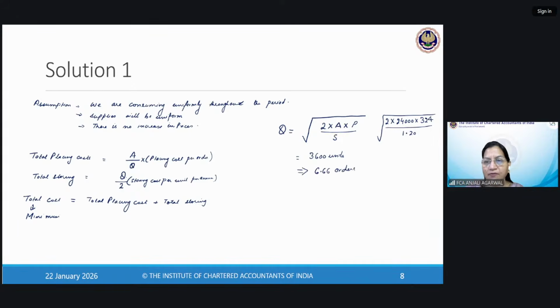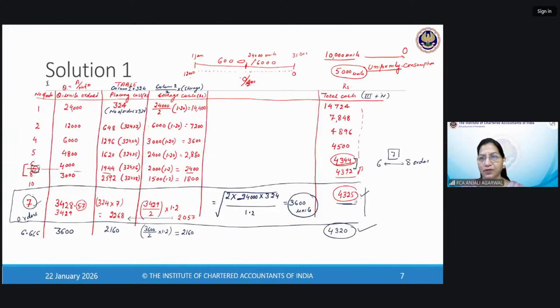So after having calculated this, you can always say that practically it is not possible to place 6.66 orders, but that is the answer. How many units we should order at a time is 3,600. Although it's only costing you 5 rupees extra, right? This was 4320 and this is 4325. So it's only 5 rupees extra, but then that's the answer, right?